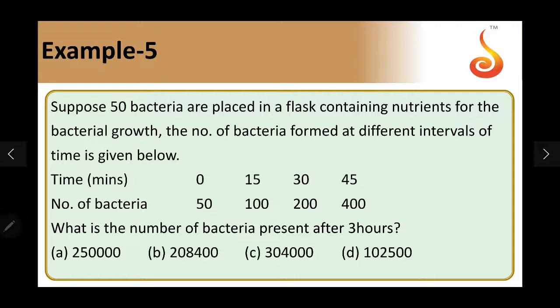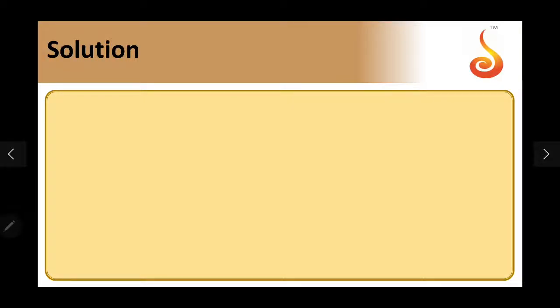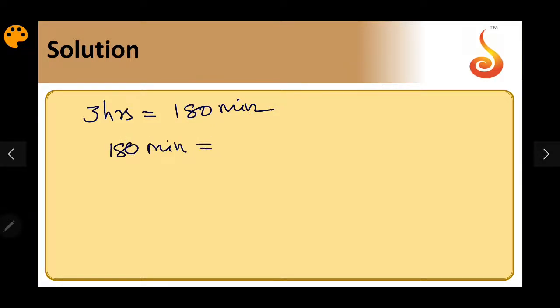So how many generation times are over? 3 hours is equal to 180 minutes. So 180 minutes is equal to 180 by 15, so 12 generation times.